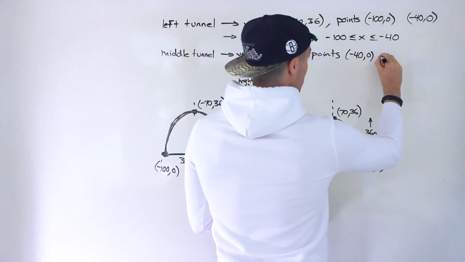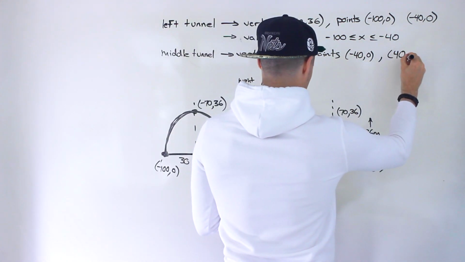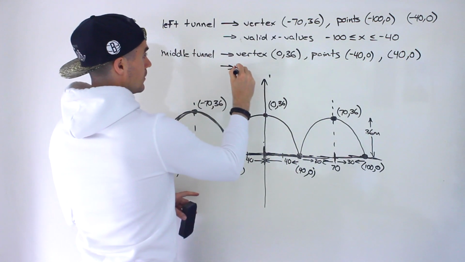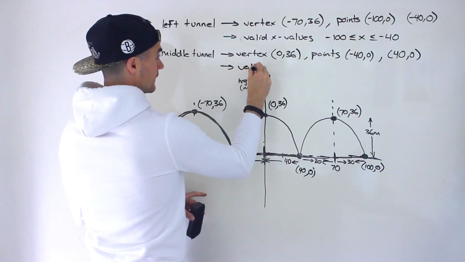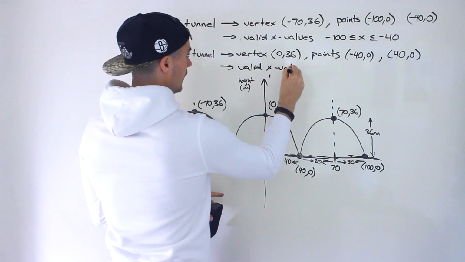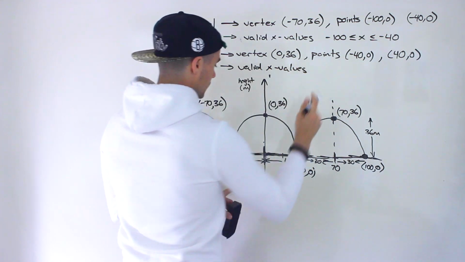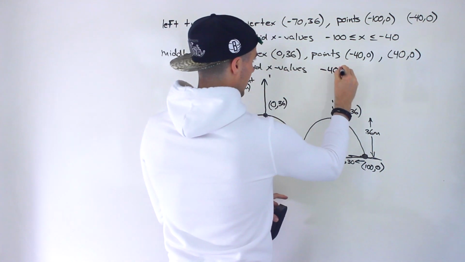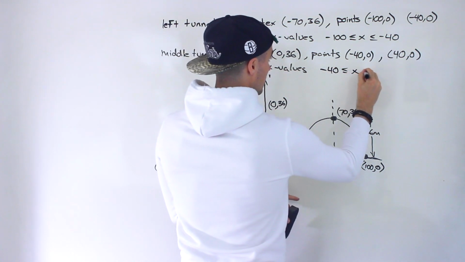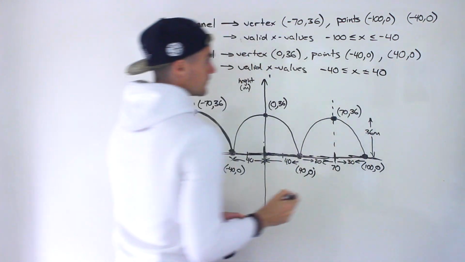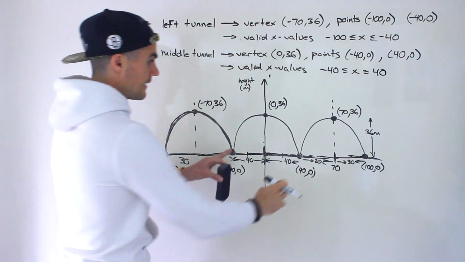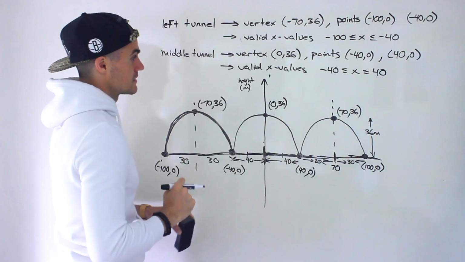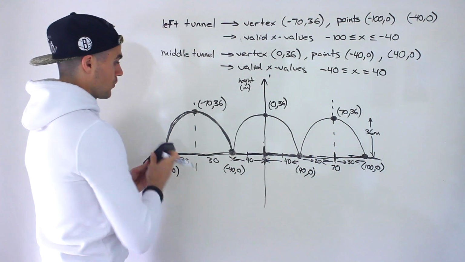And then we got this other point, 40 and 0. And then what are the valid x values of the middle tunnel? Well, notice that the x values have to be between -40 and +40. Okay, because if we don't state that, then these are just going to continue to extend, and then it's not going to make sense for the word problem.